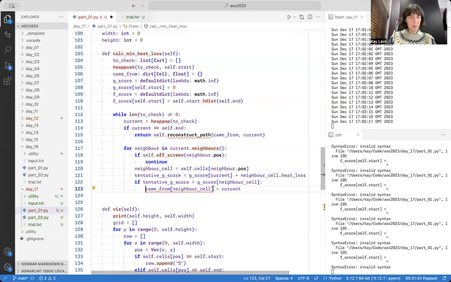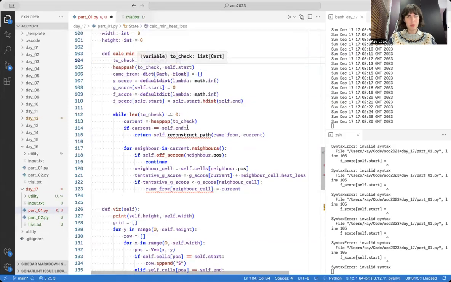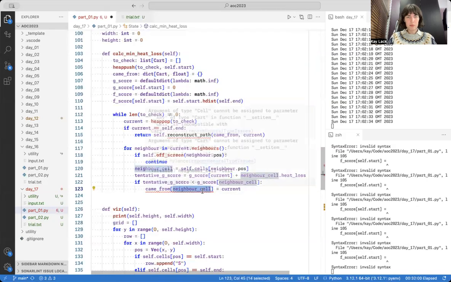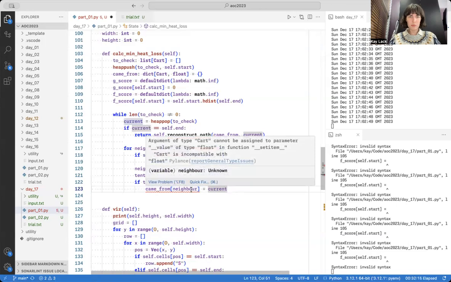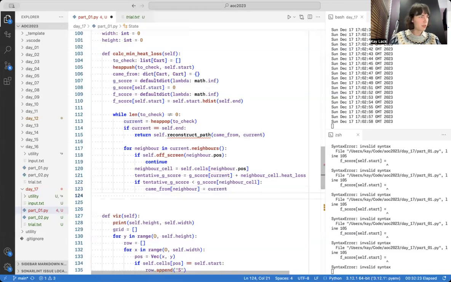Okay, that still works. Now came from is going to be a dictionary of carts, two floats. Okay, that's right.